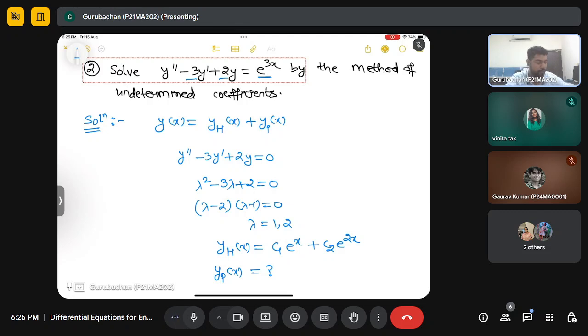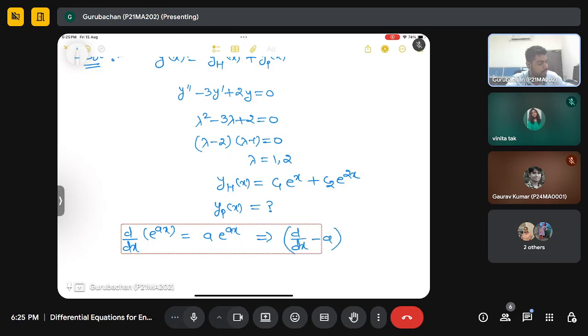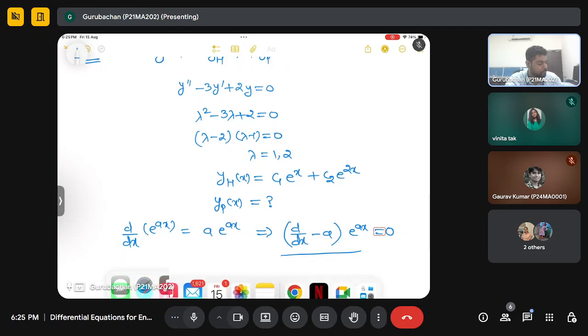If you remember, d/dx of e^(ax) is a times e^(ax). So (d/dx minus a), if you apply it on this function, will become 0.